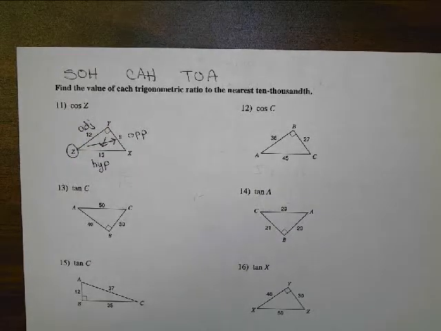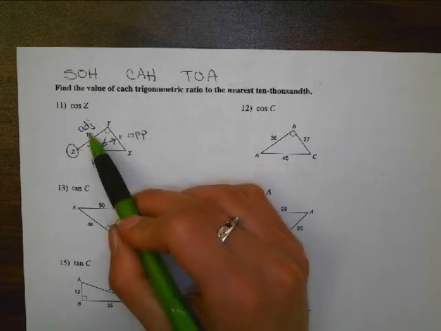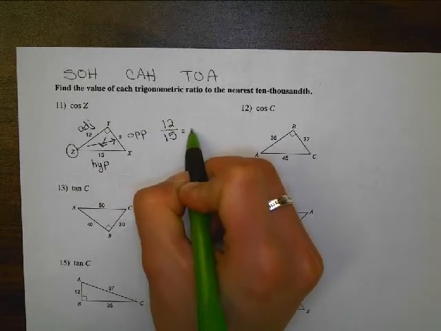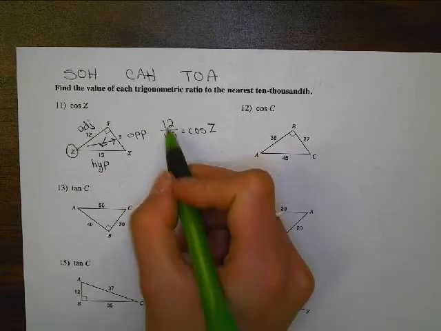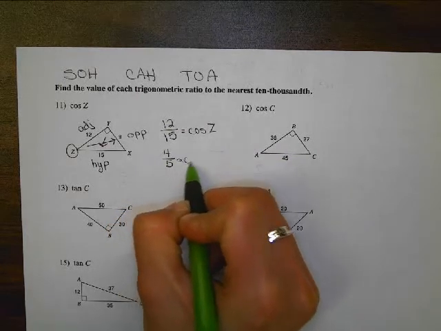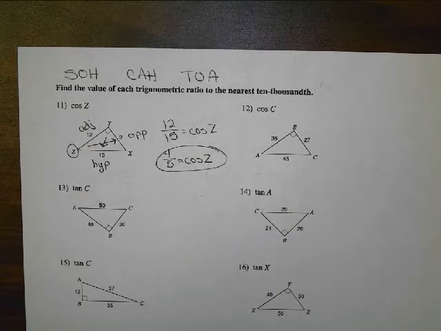Now we want the cosine of that angle. Well, cosine is adjacent over hypotenuse. My adjacent side is 12, and my hypotenuse is 15. Again, I have to reduce that, which reduces to 4/5, which is the cosine of Z. We'll do one more.